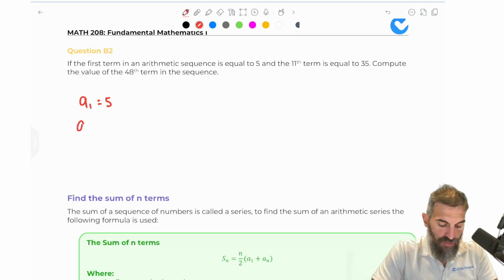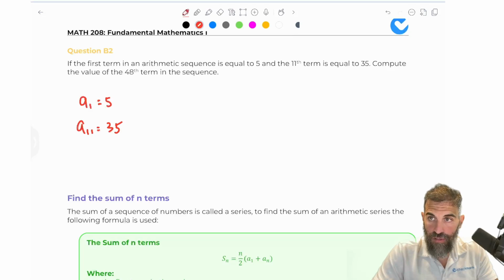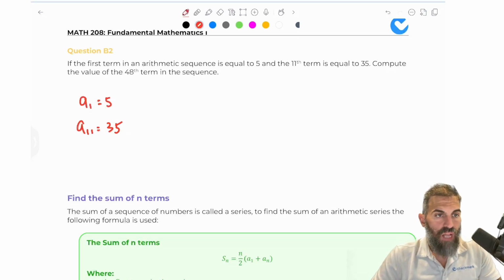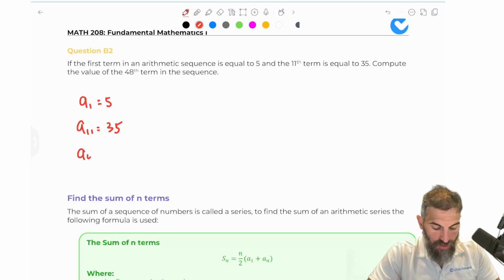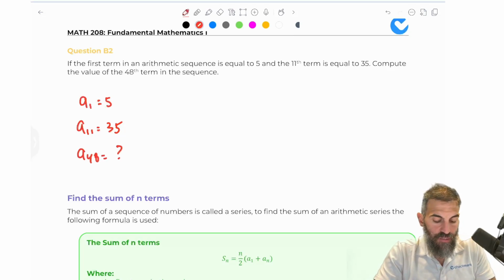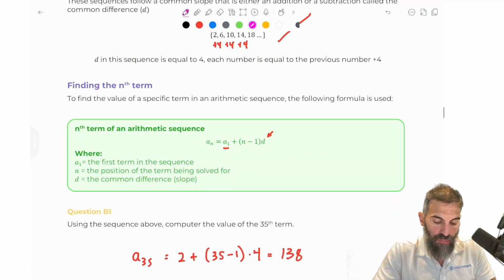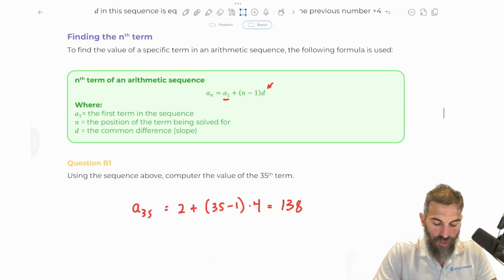The 11th term, A11, is 35. I want the value of the 48th term. So here's where it can start becoming a little bit more complicated, but it doesn't need to be. In a question like this, what you want to do first is figure out your slope. And how you're going to figure out the slope is by using that same formula above, but working backwards to the slope variable.